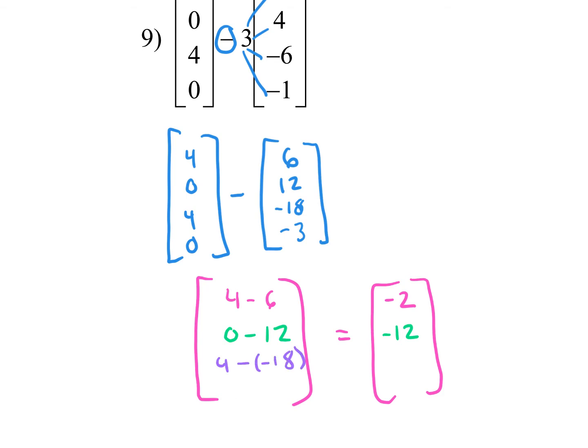What happens when you have minus a negative number? Turns into plus. So it's 4 plus 18. 22. And then I have 0 minus -3. What does the minus negative number turn into? Plus. So it's 0 plus 3. 3. That's my answer.